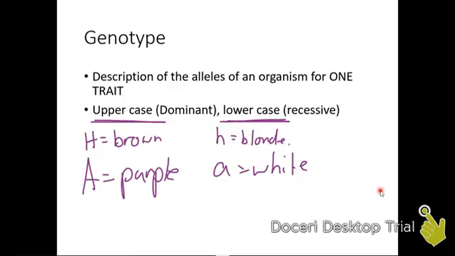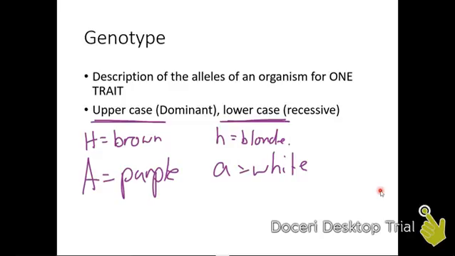The letter that you choose, each of these is represented by one letter, so you have the full 26 letters to choose from. The letter you choose is normally linked to the trait you're looking at. For example, if you're looking at hair color, you may choose a capital H to be your dominant, so that I believe is brown hair, and lowercase h will represent blonde hair.